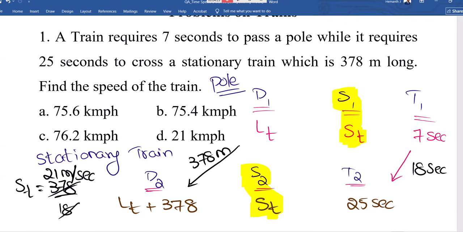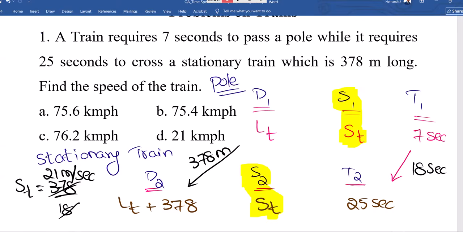Sir, how can you write like that? See, same train, extra distance traveled 378, extra time taken 18 seconds. So 378 meters covered in 18 seconds, so 21 meters per second. We need to convert that into kilometers per hour.